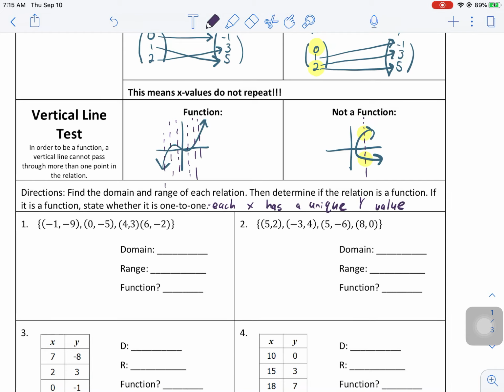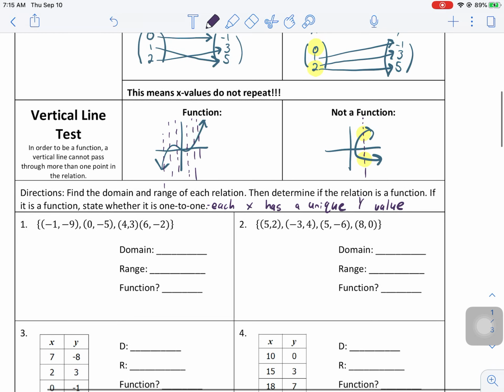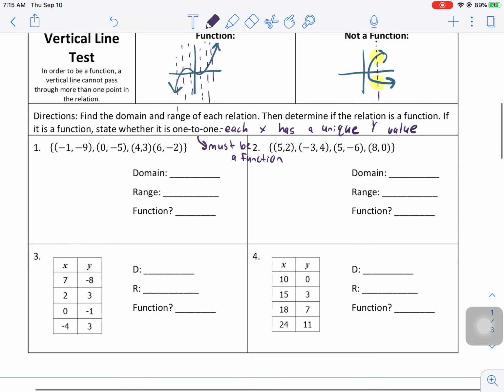I'll explain what that means in a little more depth when we do a problem. The other thing is that in order for something to be one-to-one, it already has to be a function. If it's not a function, it definitely cannot be one-to-one. So we only answer the one-to-one question if we say yes to it being a function.